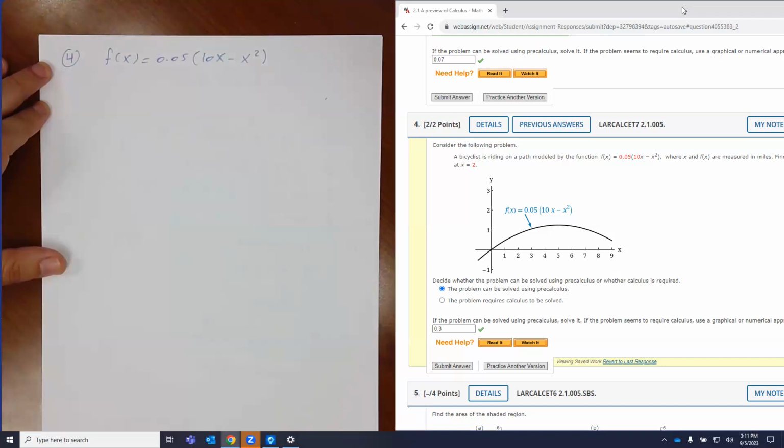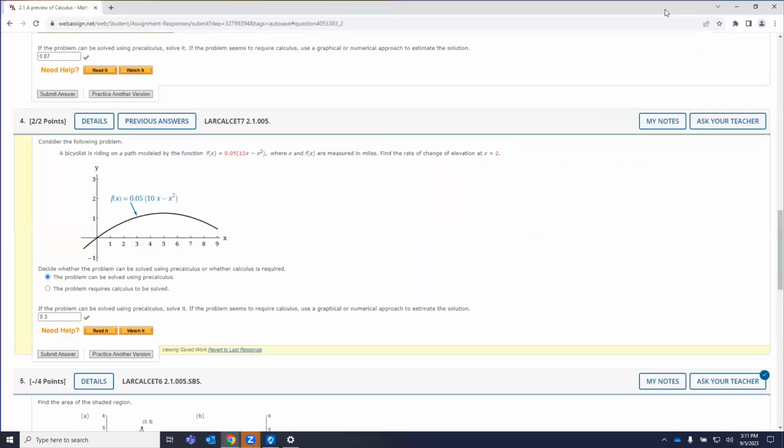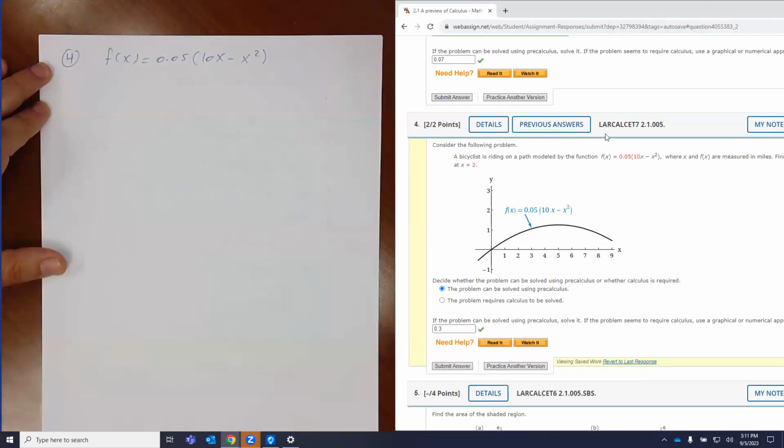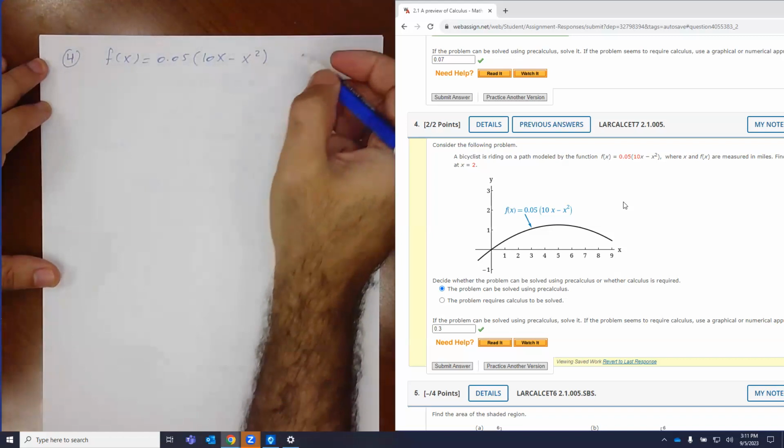They ask you to find the rate of change of elevation at x equal 2. So at x equal 2.